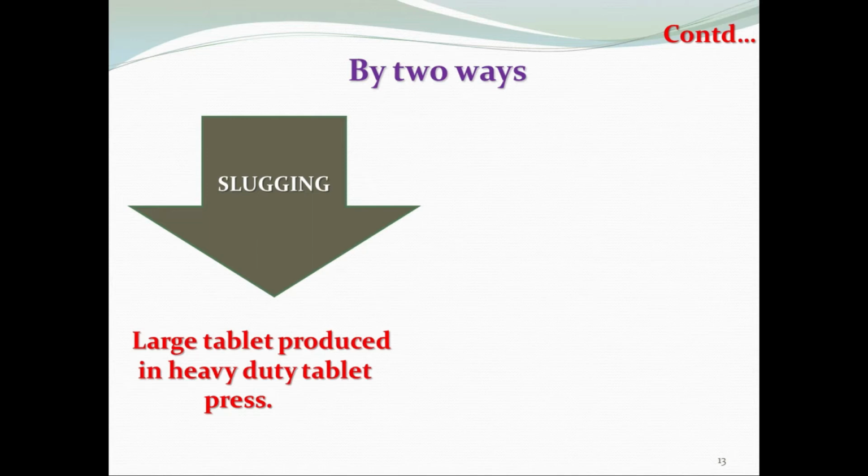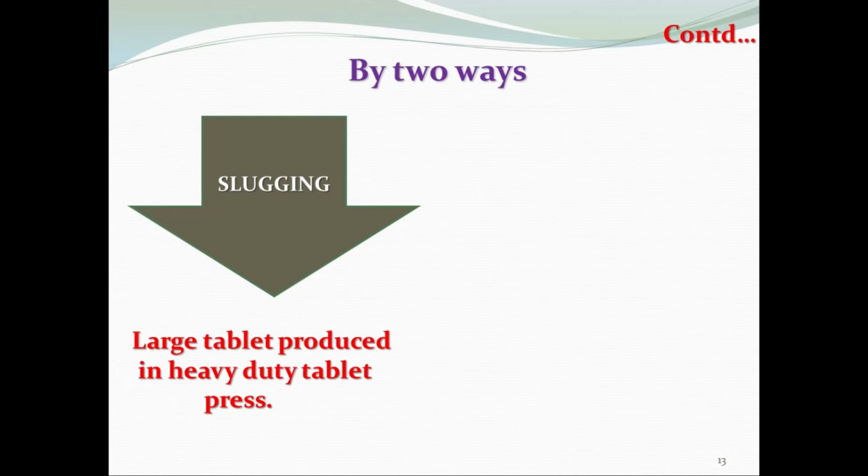Okay, it means we are preparing our powder blend, mixing all the excipients with our drug. After that we run that powder in a heavy duty tablet press to form large tablets. After that we can get that large tablet, break it, or grind it.